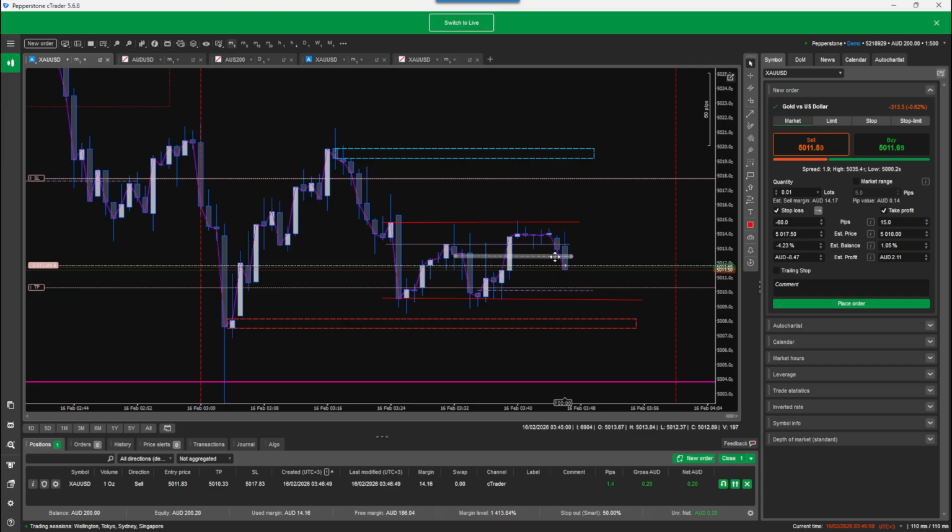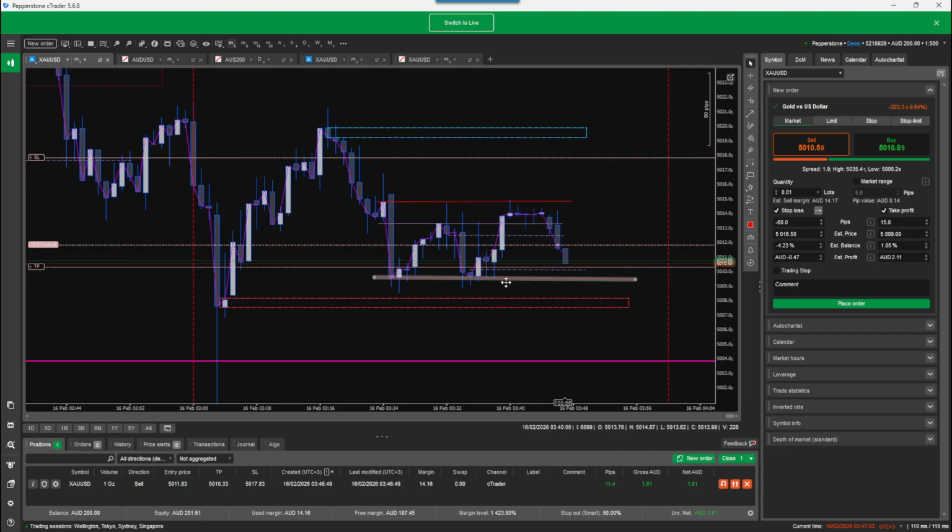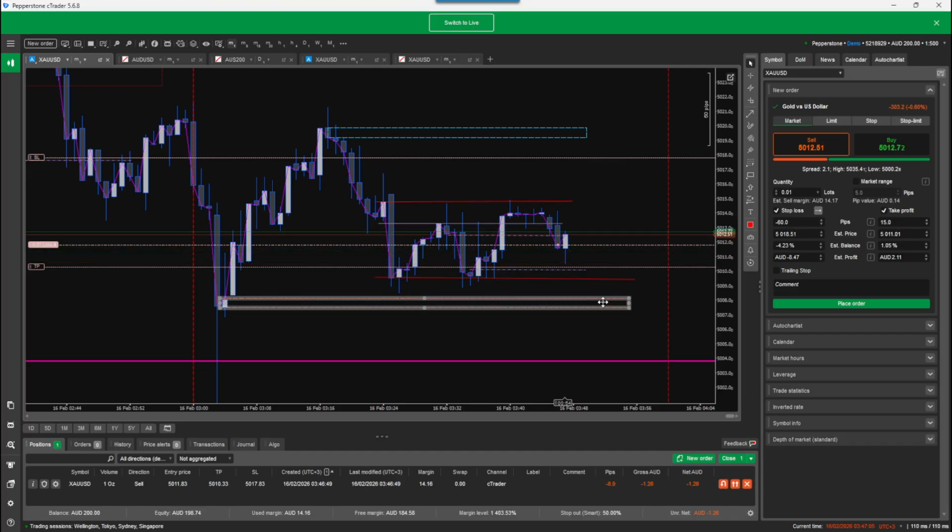Took that because it broke that previous candle down, broke back out of that little zone there, and I missed it.